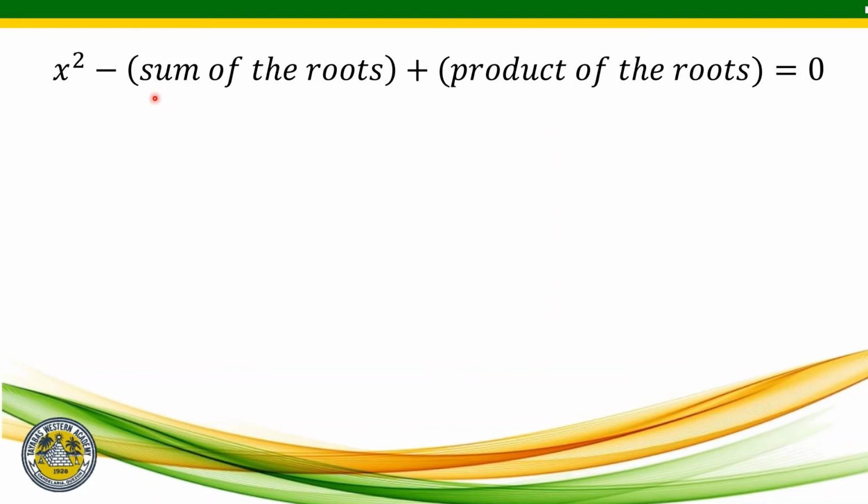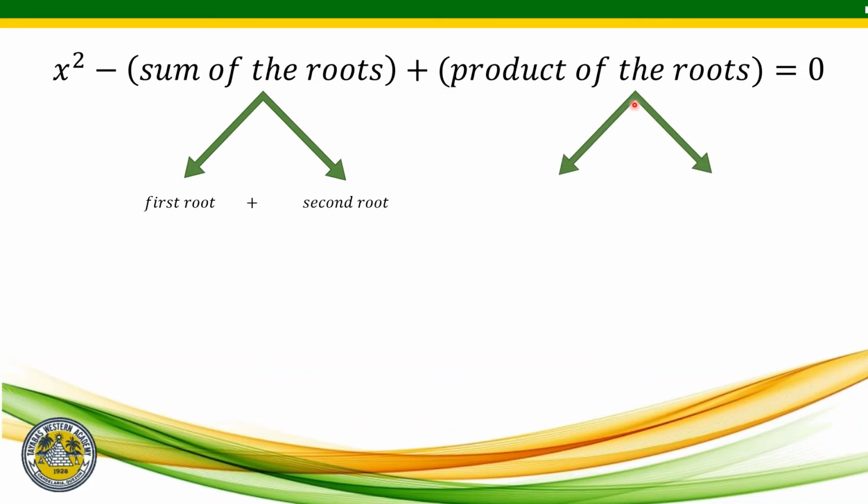For the middle term, you need to use the sum of the roots, and for the last term, you will use the product of the roots. The sum of the roots is the first root plus the second root, and the product of the roots is the first root times the second root.